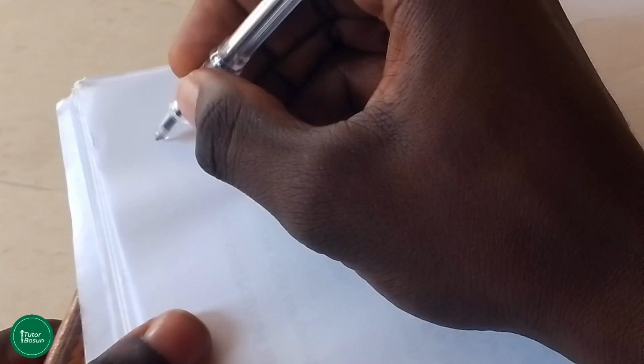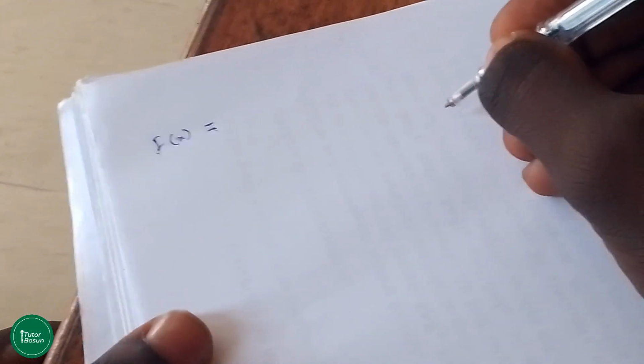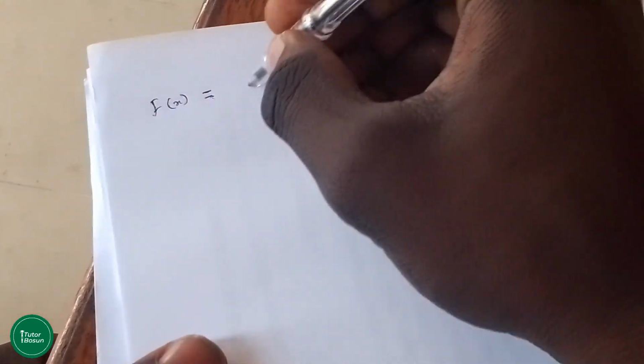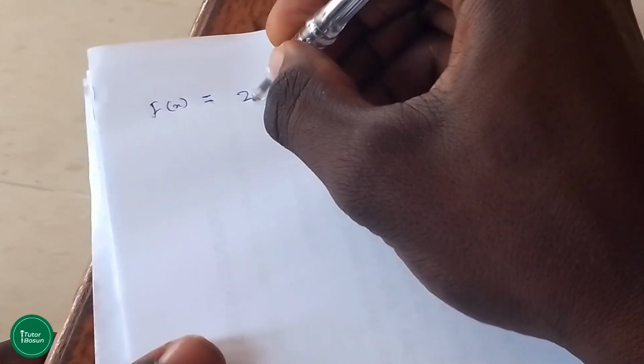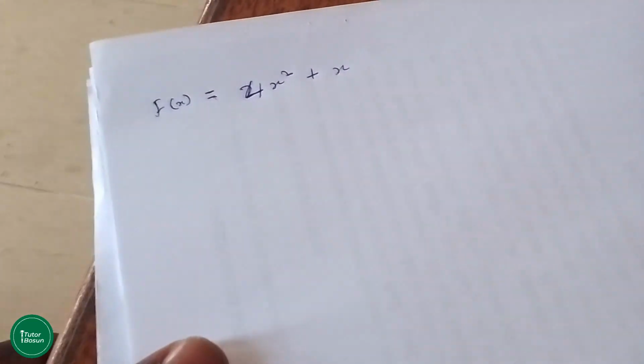Solving one more example on the first principle, we could have f of x to be equal to, let's say, 4x squared plus x.